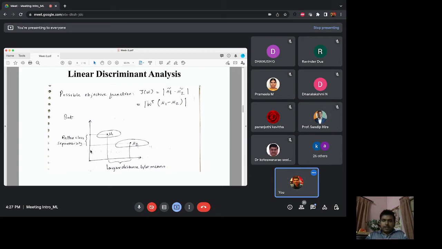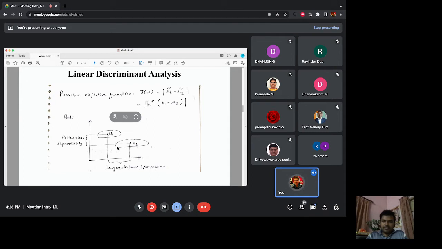Okay. So till now my objective function is that I want to separate out the means as much as possible. So if my two candidate options are the y axis and the x axis, then whatever I am trying to do right now, I will obviously choose the x axis because it is a larger distance between means. But you see, once I project the points onto the x axis, there will be some overlap between the two classes.